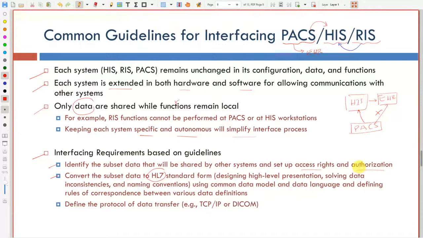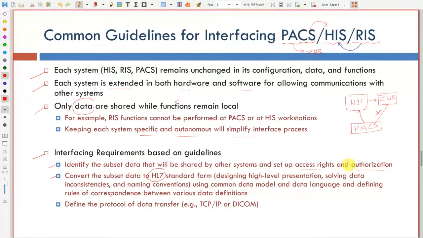RIS shouldn't be able to do that. PACS should be able to do that, because you're talking about a doctor sitting and trying to diagnose an image, and he suspects something, and he needs to see the medical history of the patient in order to confirm his diagnosis. So he should be able to access such information.